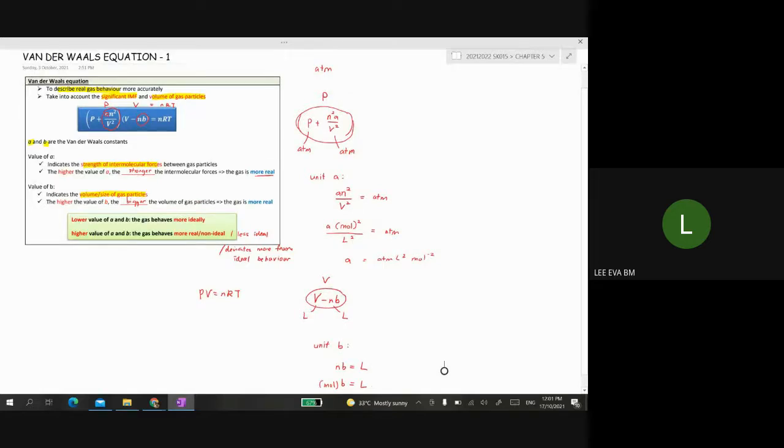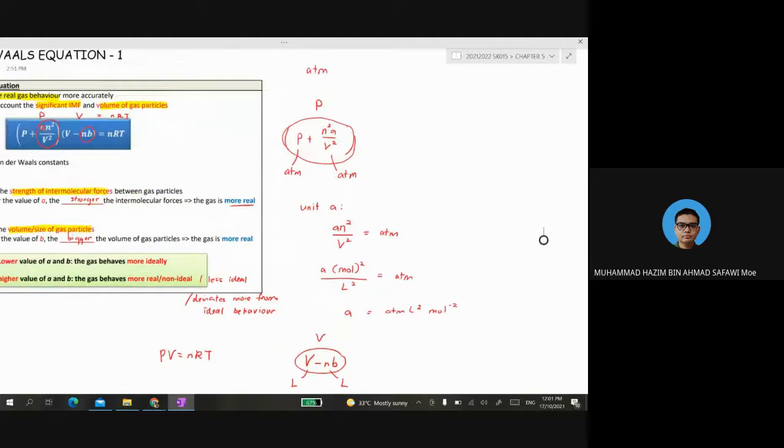Alright, so dekat sini ada soalan tak? Unit je, value A, B ke? Yang mana satu kurang faham? Nak madam explain sekali lagi. Can you follow? Yes. Madam, so we are only going to use this formula when it is stated that it is a real gas?